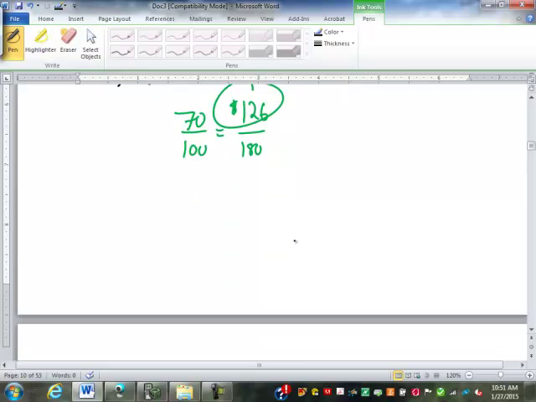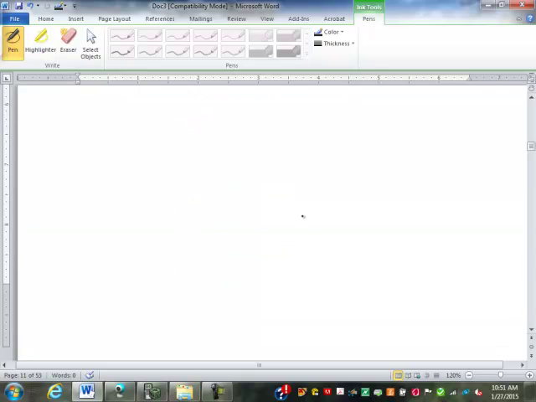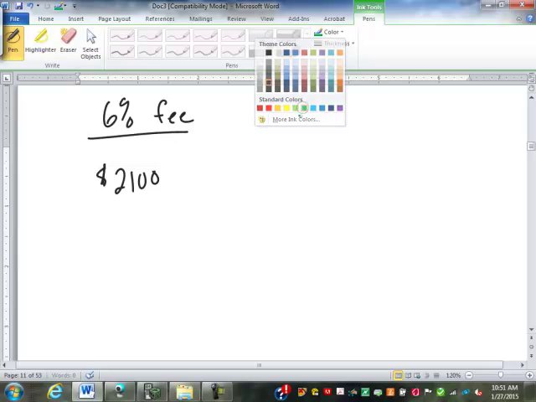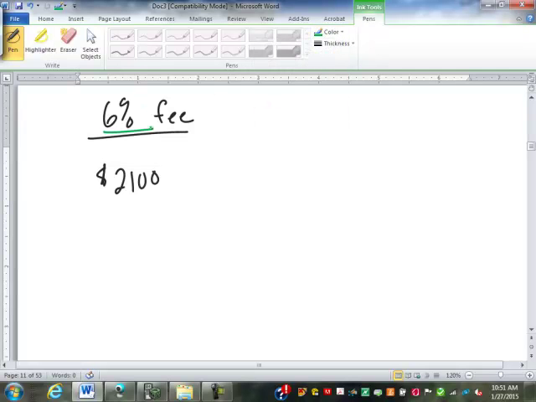Well, it can go the other direction as well. Let's say that you are in a spot where there's a 6% fee for handling or whatever, and you order materials that are $2,100. Just like before, we could find the 6% and add it on, but the $2,100 is the whole amount. If we add 6% to that, what percent are we paying? 106%. Very good.